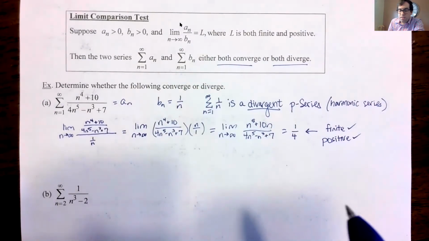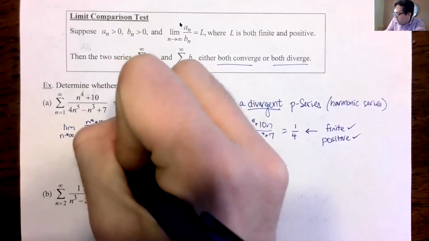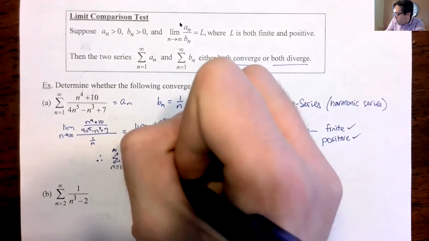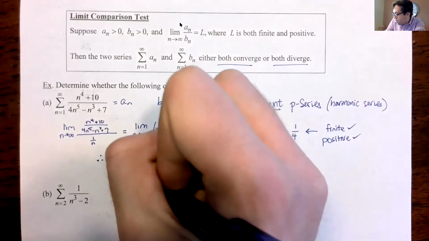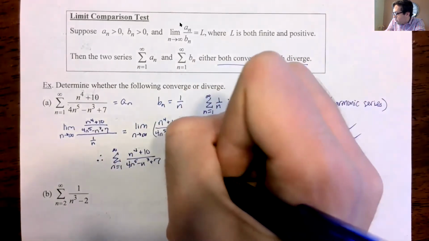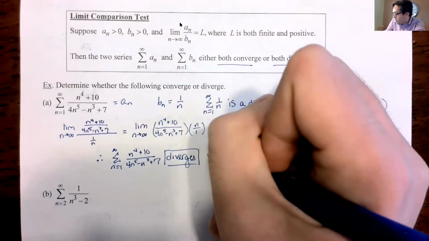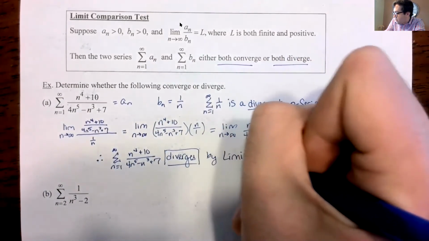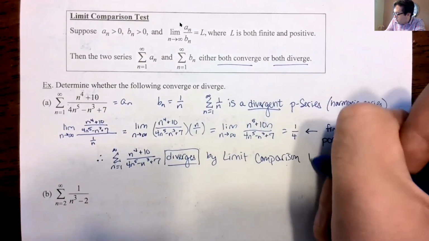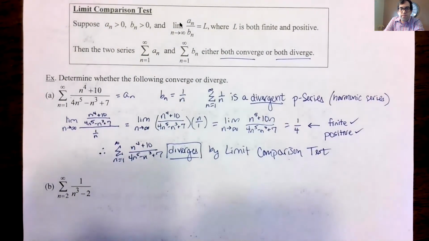It's finite and positive. So therefore, our original series, which I'm going to write out again just for clarification purposes, diverges by the limit comparison test. Okay?